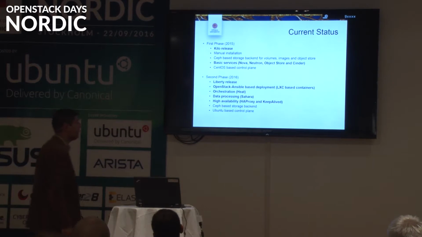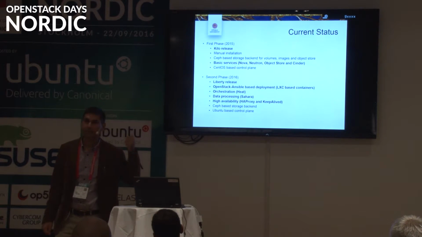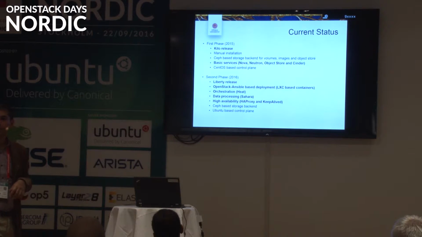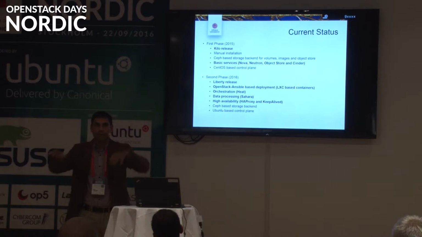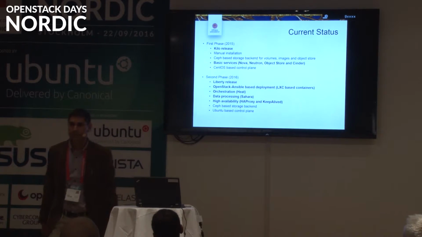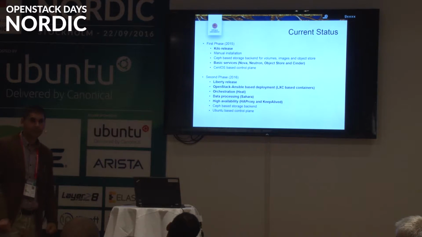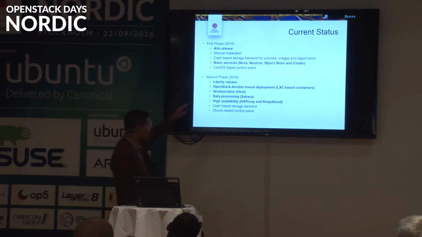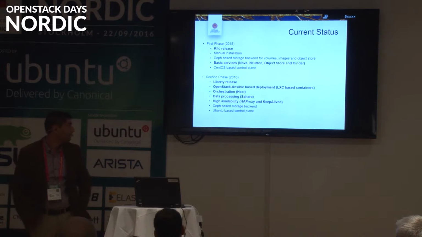And in 2016, we switched to the Liberty release, and for this release we have used OpenStack Ansible based container deployment, where LXC containers are the ones providing different services, and then we have HAProxy and Keepalived components that provide us a highly available system. Together with this deployment, we have also managed to achieve the orchestration component of OpenStack, the Heat service, and then data processing with Sahara.